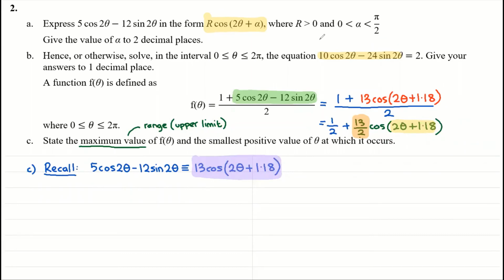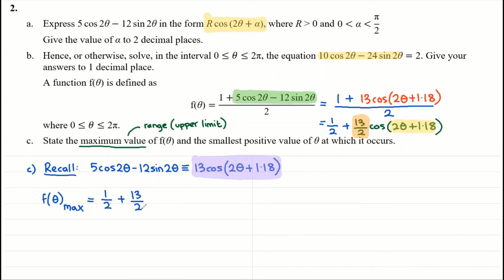Now I'm just going to do a bit of work on this just down at the bottom. So if we consider f theta and consider the maximum, so I'm just going to use a little subscript here, it's going to be when we have a half plus 13 over 2. And then remember that the cosine part, you can think of it like this as well.